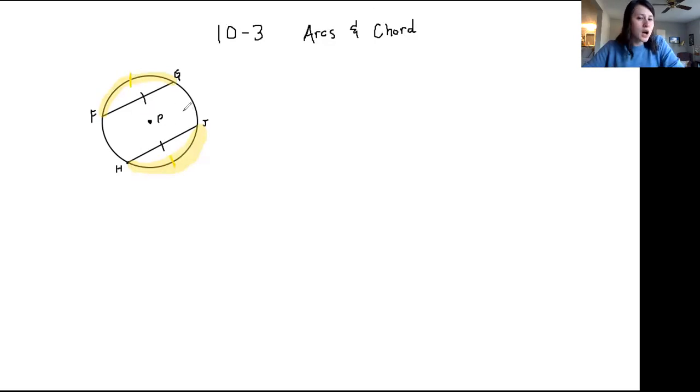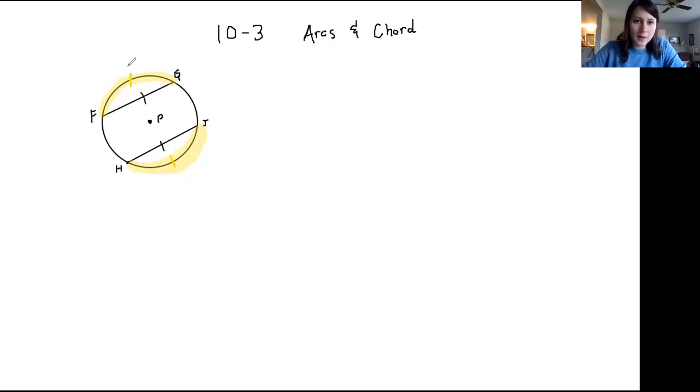And so a chord will always break a circle up into a minor arc and a major arc. But if we're looking at chords, they're corresponding, and if they're congruent, then the arcs that are corresponding to those chords will also be congruent.